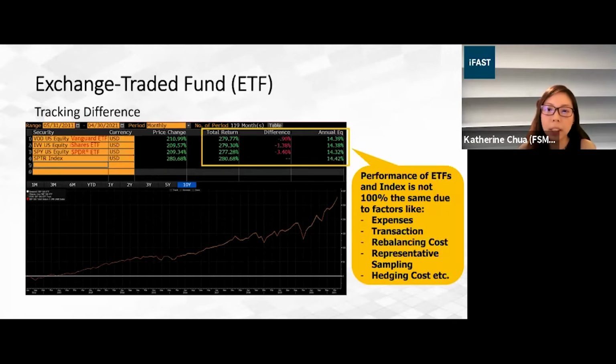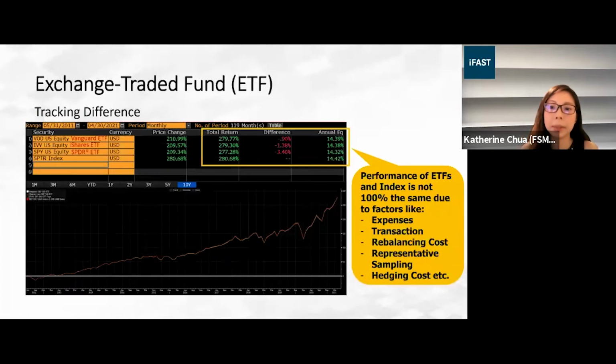Over here, I've shortlisted again the same three ETFs, Vanguard, iShares, and State Street. If you compare them in the chart, on the third row, you can see that SPY has the widest tracking difference of 3.4% compared to its peers.